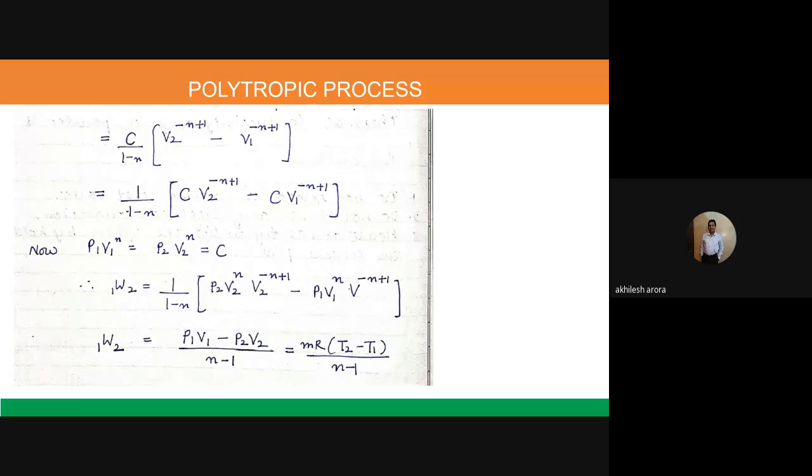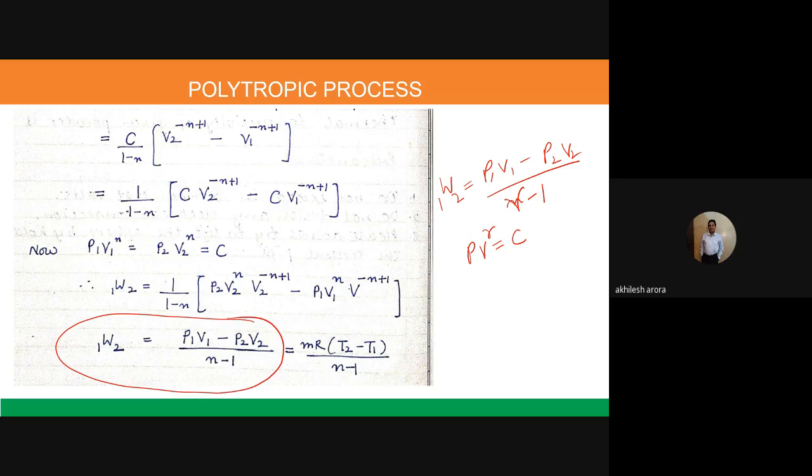In that case, the value of W1 to 2 was equal to P1 V1 minus P2 V2 divided by gamma minus 1. So when it is a polytropic process, where the relationship is PV raised to power N is equal to constant, I will get W1 to 2 as P1 V1 minus P2 V2 divided by N minus 1.